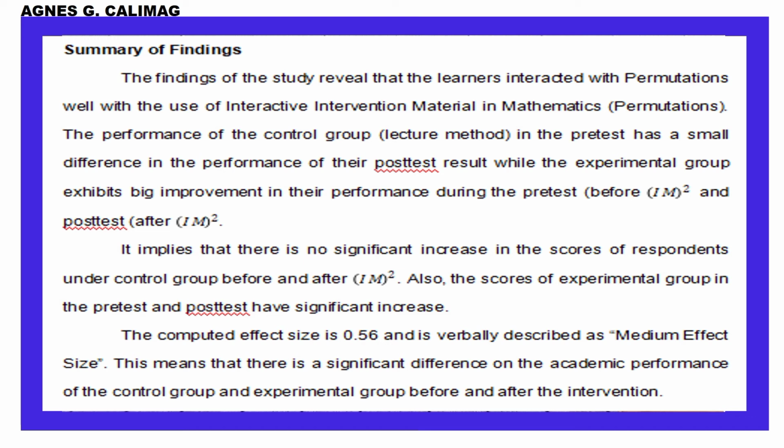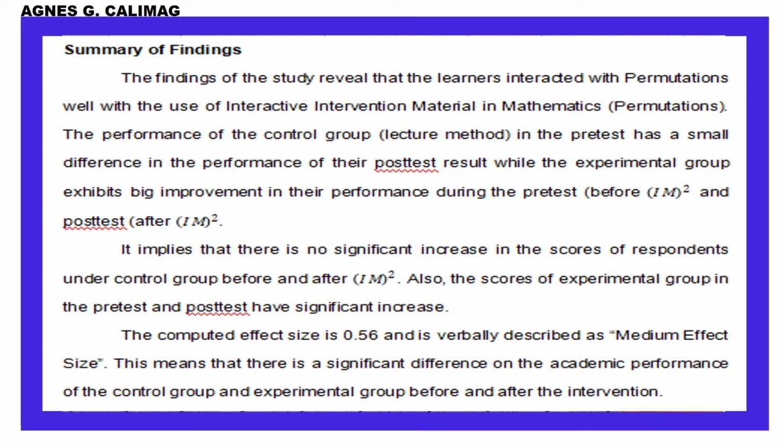It implies that there is no significant increase in the scores of respondents under control group before and after intervention. Also, the scores of the experimental group in the pretest and post-test have significant increase.